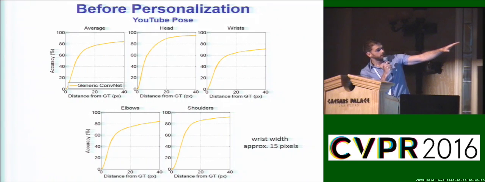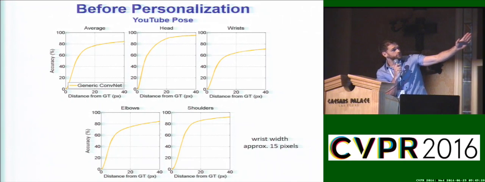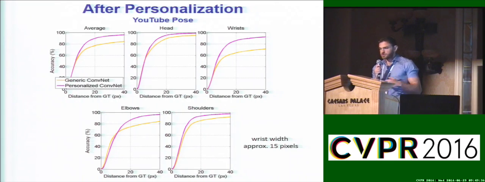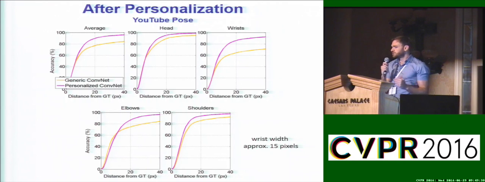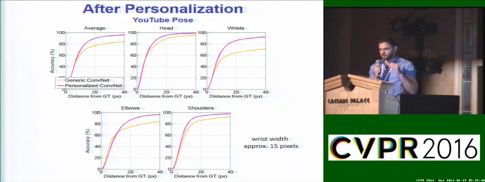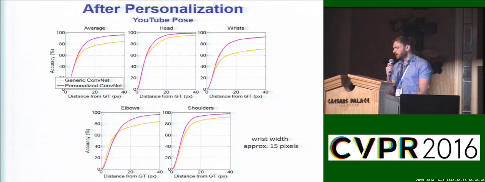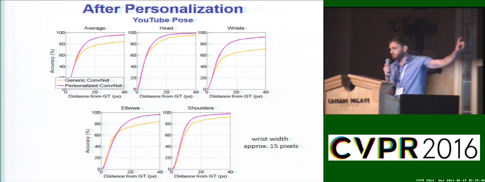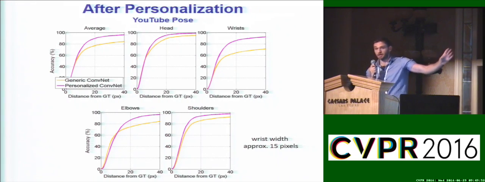For example, on average, the generic convnet here at 20 pixels from ground truth performs just under 80% accuracy. If we personalize this generic convnet, notice the huge performance boosts that we get in accuracy, particularly for the wrist location. At 20 pixels from ground truth, we get over 20% accuracy improvements at the wrists, which are typically the hardest joints to track.